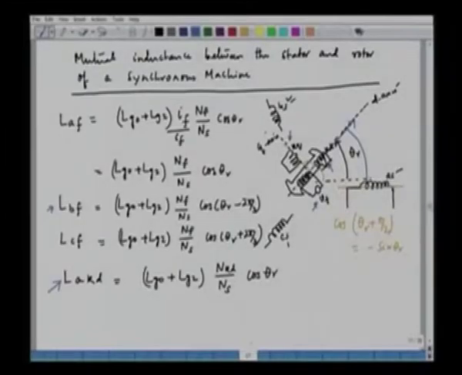So if the reference frame is housed on the rotor, we can have a reference frame with D axis here and Q axis here, attached to the rotor, rotating with the rotor speed equal to omega_r. We have to transform all variables of the physical stator, that is phase A, phase B and phase C of the stator, to D and Q axis.